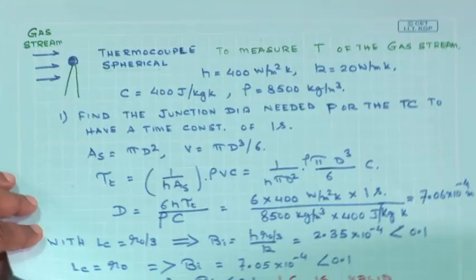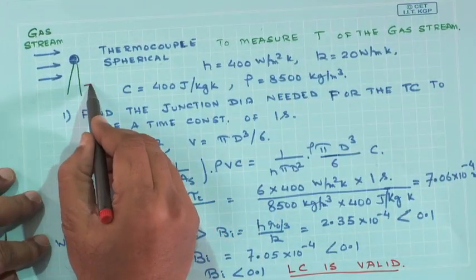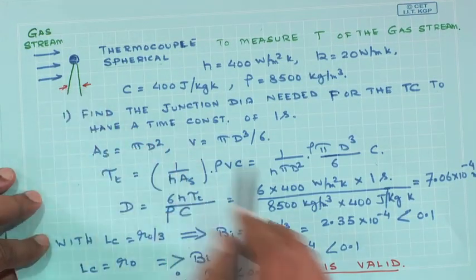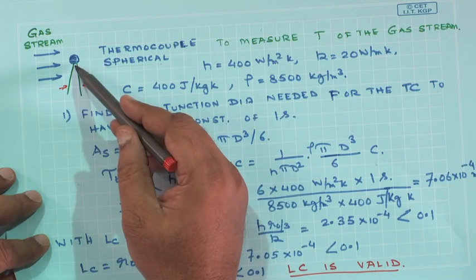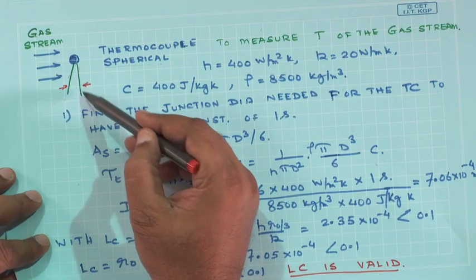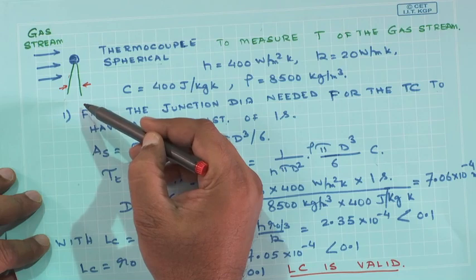The second assumption: the thermocouple junction is not floating in the air. There are some leads which are made of solid materials that place the thermocouple in the flowing stream of the gases. The leads of the thermocouple, as you can see from this figure, are made of solids and they will also conduct some heat away from the thermocouple.